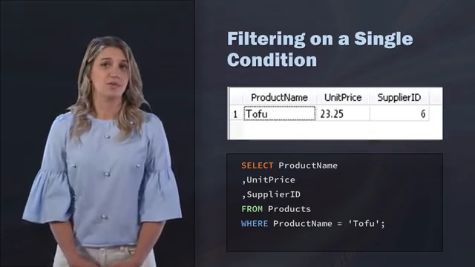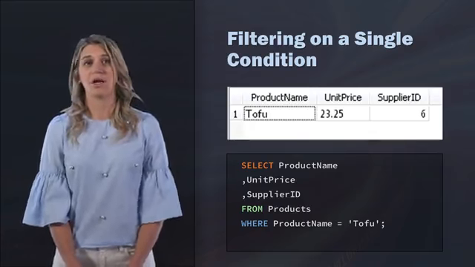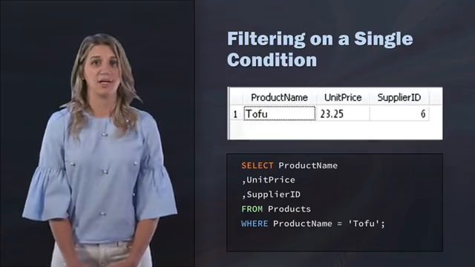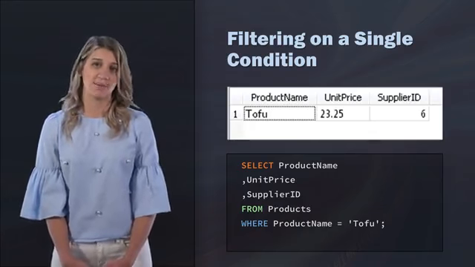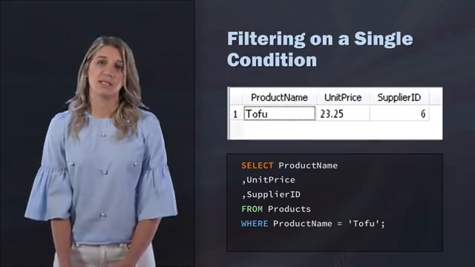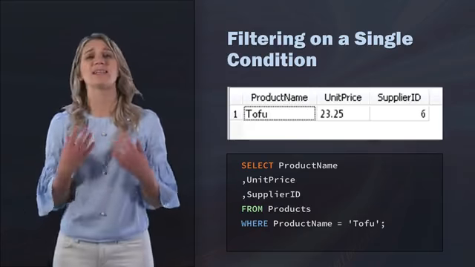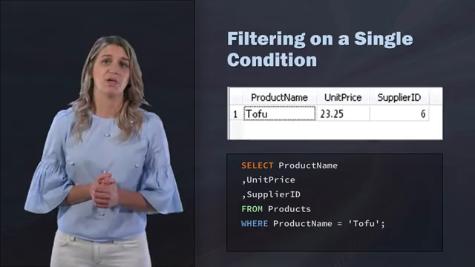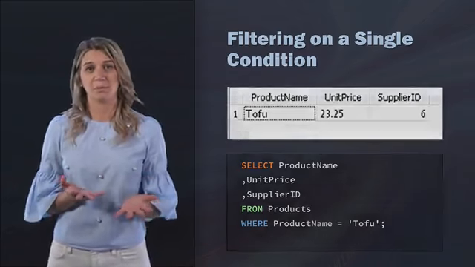As you can see, the result is a single line where the product name is tofu, and then we also have the unit price and supplier ID. In this example, if we had multiple records that were named tofu, we would see more rows. But we happen to just have one record named tofu, so we only see the one row.